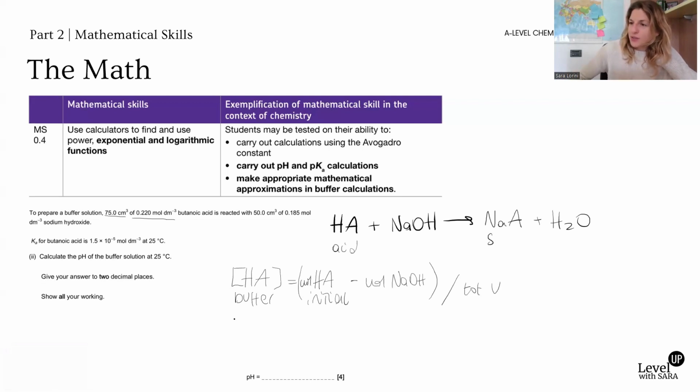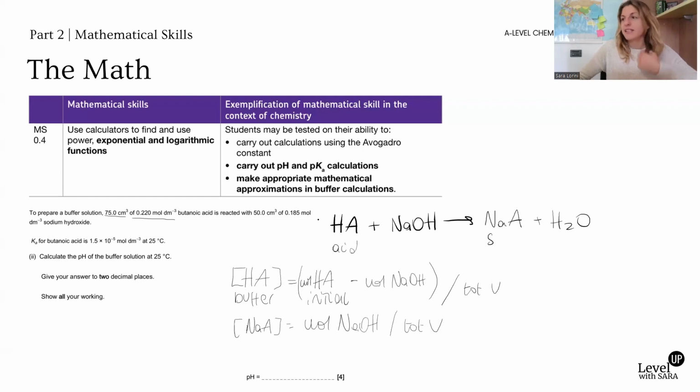Then the concentration of the salt, NaA, would be the same as the moles of your NaOH divided by your total volume, because this is the limiting reactant.